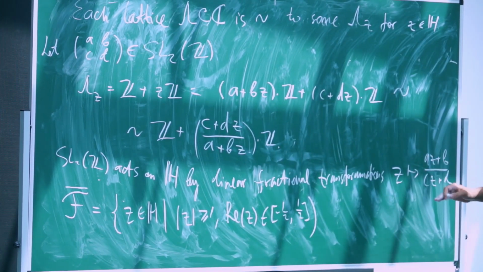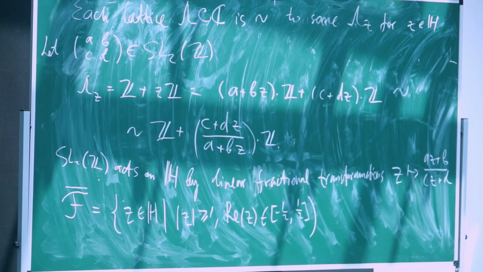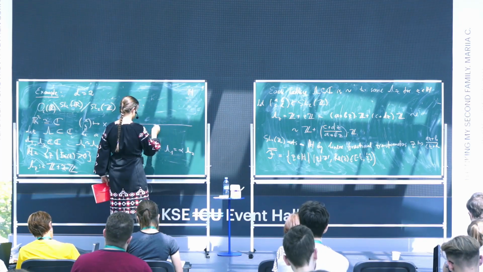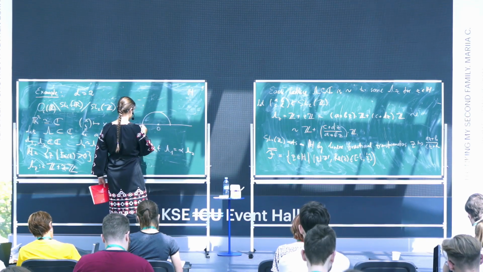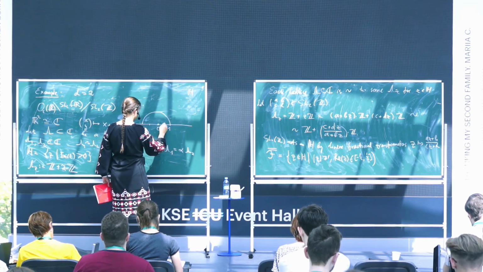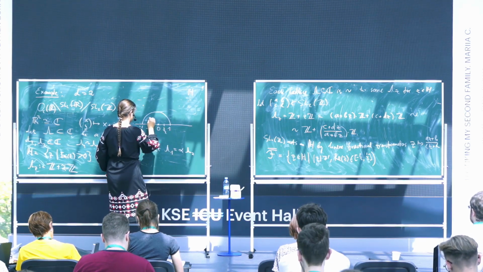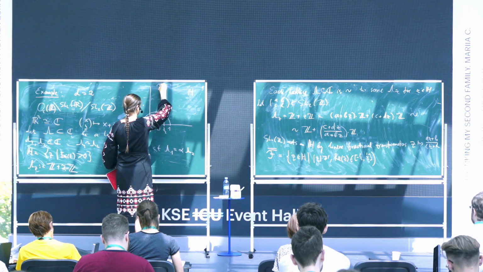It is a set like this. Sometimes it's called a keyhole domain. So we take our upper half plane H, and here we take this point 0. This is a semicircle of radius 1. And this is a strip between minus 1/2 and 1/2. And so our domain F is here.